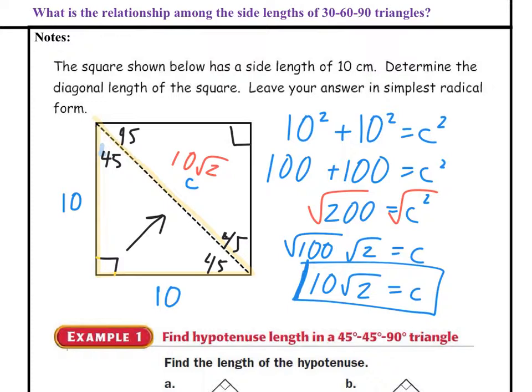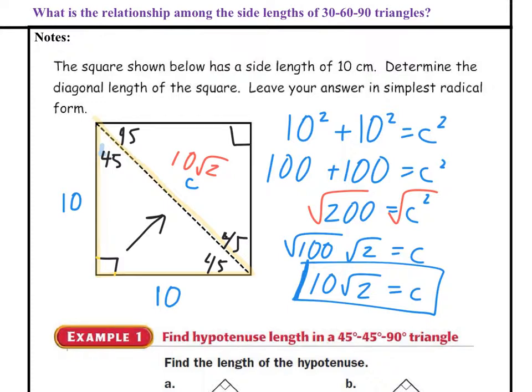Notice how it's 10, 10, 10 root 2. So to get the hypotenuse of a 45, 45, 90 triangle, all you have to do is multiply by square root of 2. You don't have to solve with Pythagorean theorem. This works every single time for 45, 45, 90.